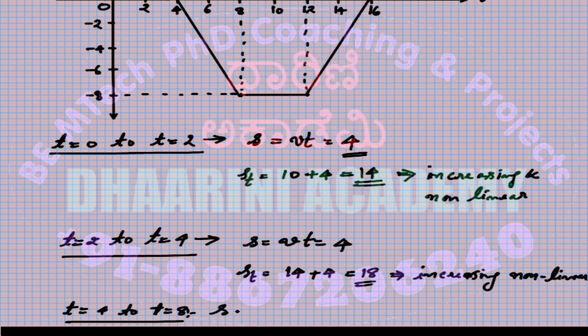So S equal to velocity into time is my equation. But velocity into time gives you the value half into base 4 into 8. So that is basically equal to 16. But you see, this is actually negative. Why is it negative? Because it is below the x-axis. So I'll write a minus here and minus here. So this is minus 16.